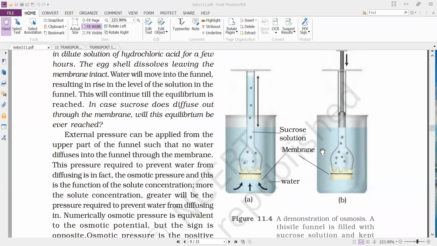If the solute concentration is less, we have to apply less pressure because the potential difference is less. The potential gradient is very small. Because of this reason, we have to apply less pressure.